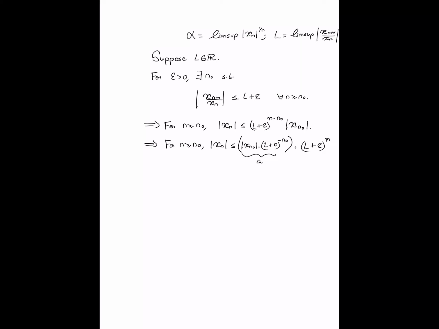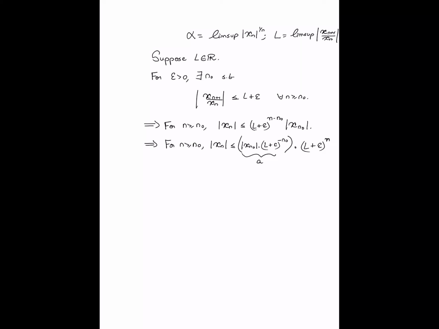What we have really done is shown that if L is in fact the lim sup of mod xn plus 1 by xn, then beyond a certain point, the sequence absolute value of xn is upper bounded by some constant times L plus epsilon raised to n. In other words, we have provided an exponential upper bound on absolute value of xn.